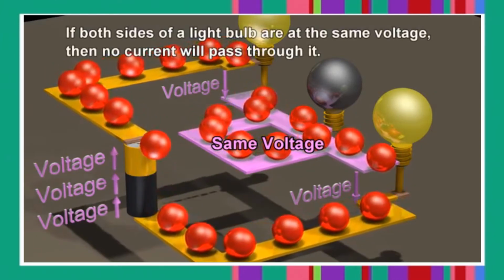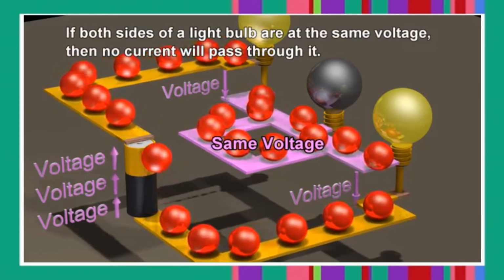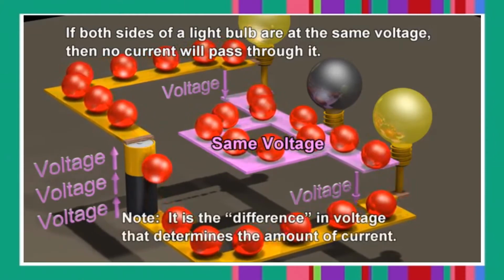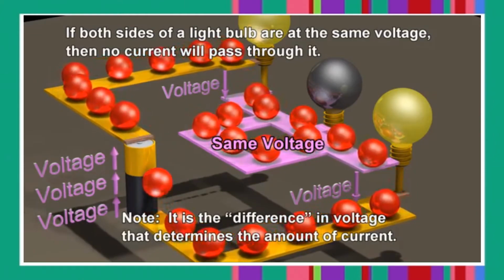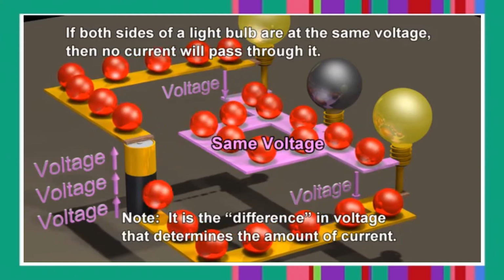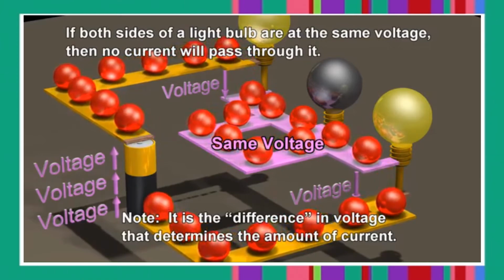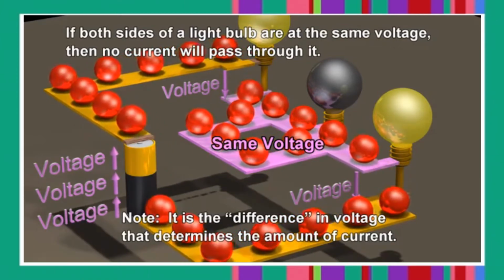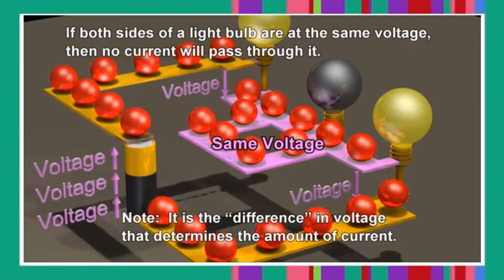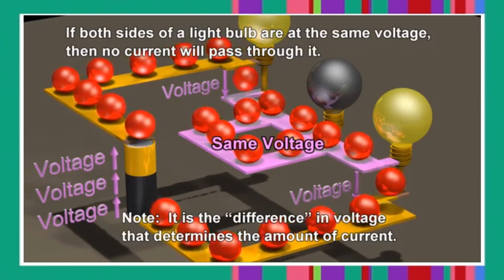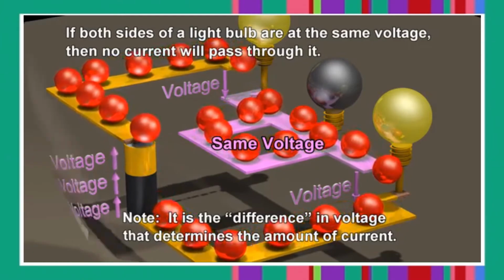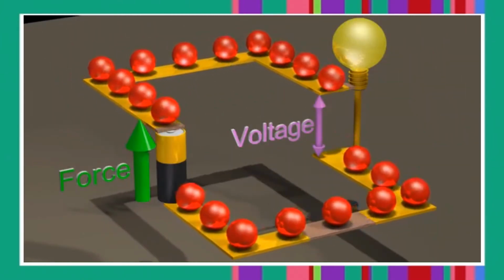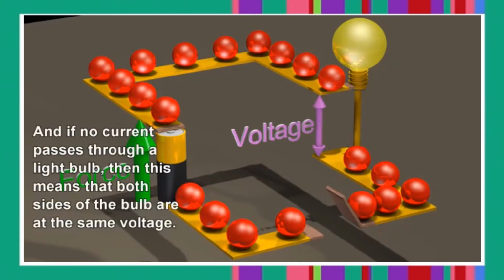If both sides of a light bulb are at the same voltage, then no current will pass through it. And if no current passes through a light bulb, then this means that both sides of the bulb are at the same voltage.